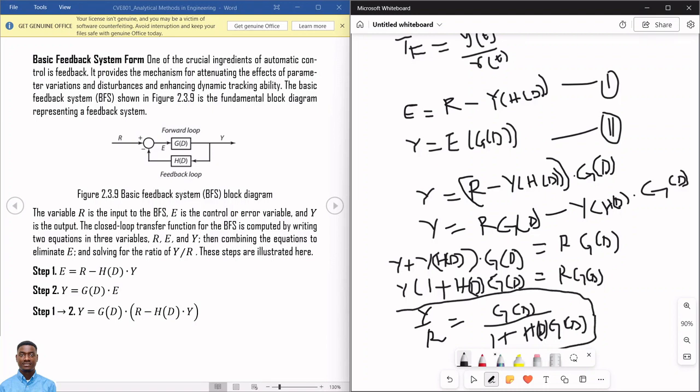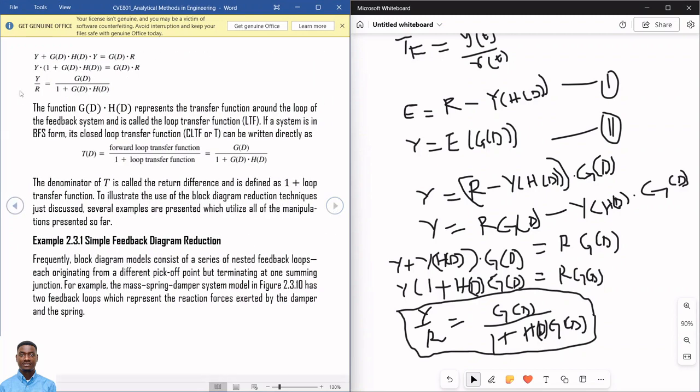This is the transfer function, your output over input. If you look at the node also, you see that that's what you have here.